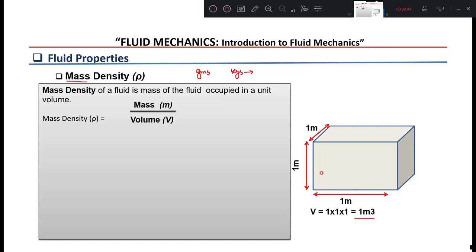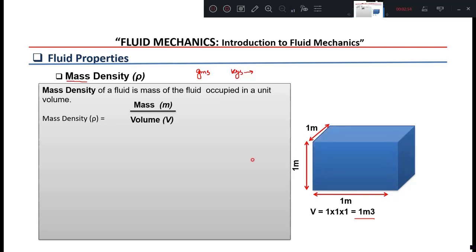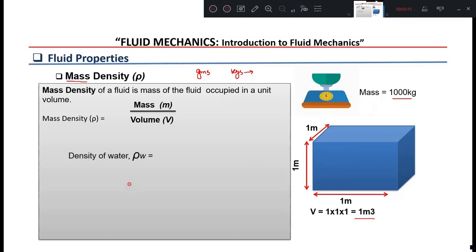Length, breadth and height. If you fill this container with a liquid, so it is filled. Now we can easily define the density of this container, that is mass. If you weigh this container on a weighing machine, suppose the mass weighs 1000 kg. Then we can say the density of water is 1000 kg per meter cube.